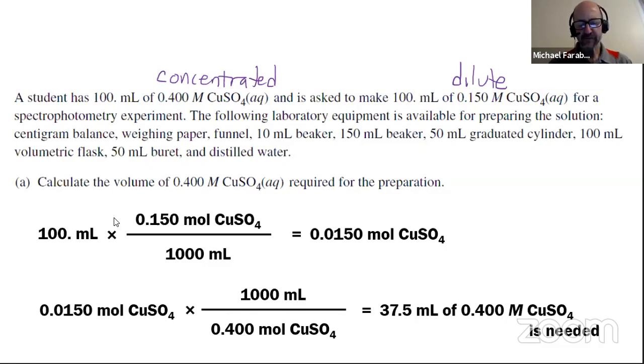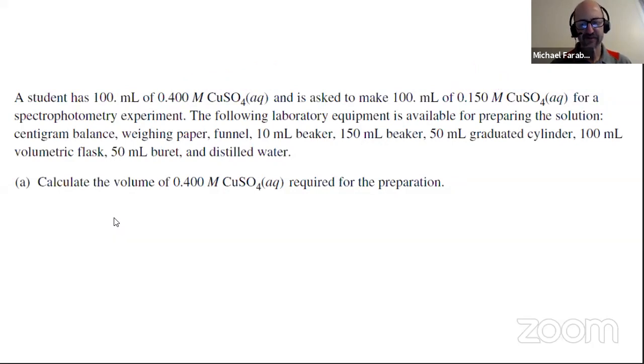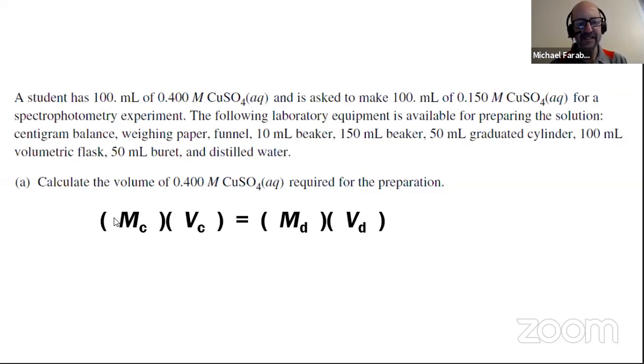If you are a good chemistry student that has solved a variety of molarity problems before, you might be asking the following question. Could we have done this calculation using an equation like this? Sometimes it's written in chemistry textbooks or in classrooms as M1V1 equals M2V2. I'm just writing C for concentrated solution, and D for dilute solution.